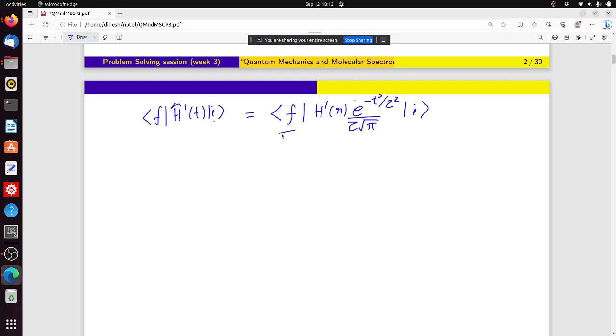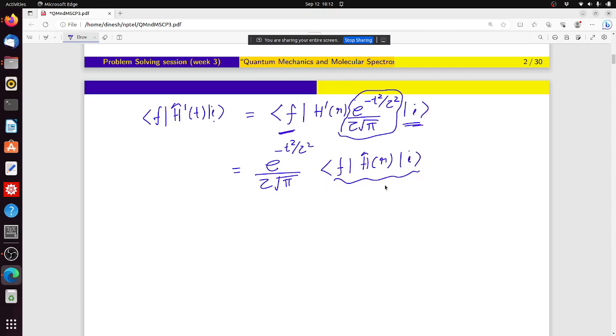We are assuming these states are independent of time, so the time dependent part we can take out. It will be e to the power minus t square by tau square by tau root pi, and only the space dependent part I am writing.